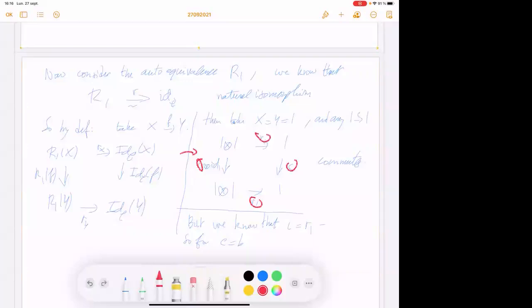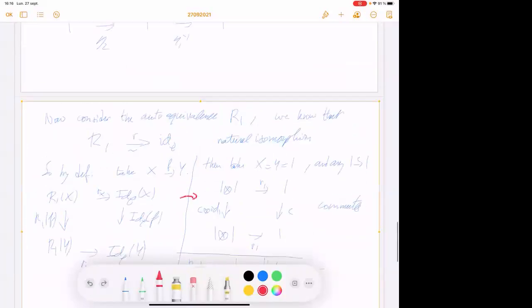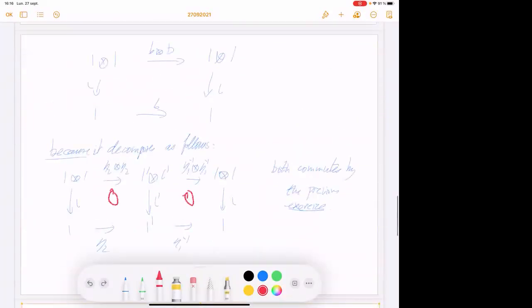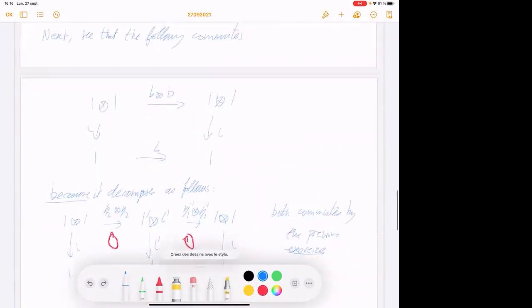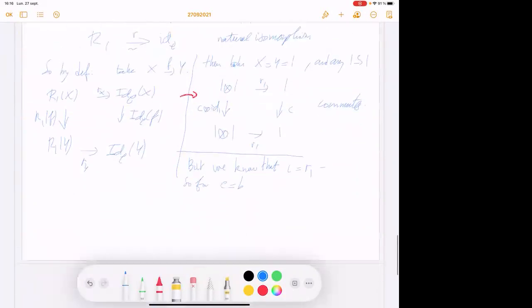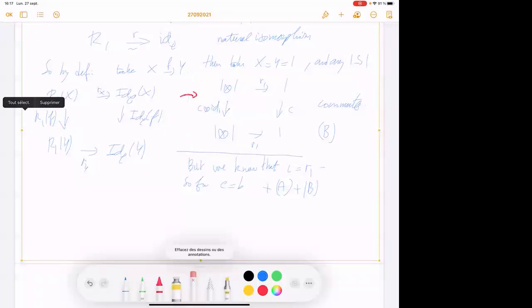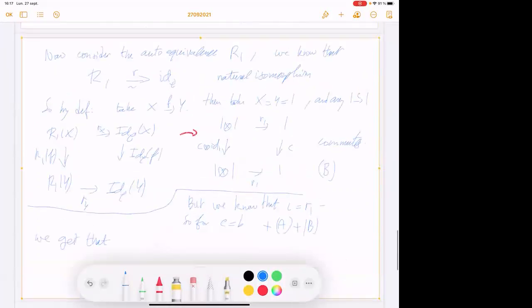So let's remove all that. So let's call this commuting diagram A, and this commuting diagram B. And so for C equal B, from A plus B, we get, as I said, that B tensor B equals B tensor ID1.